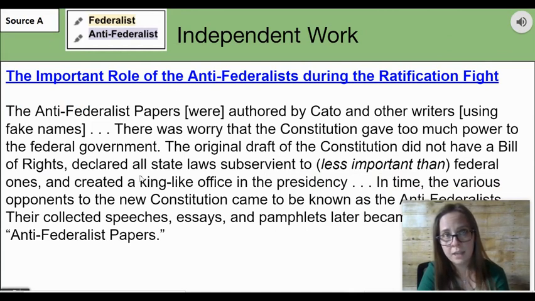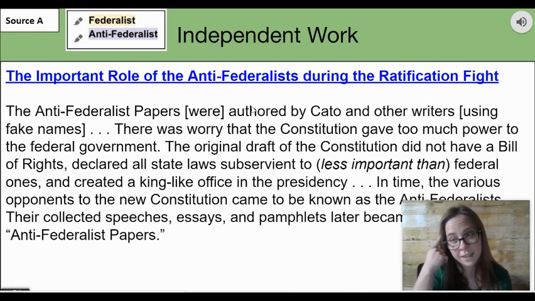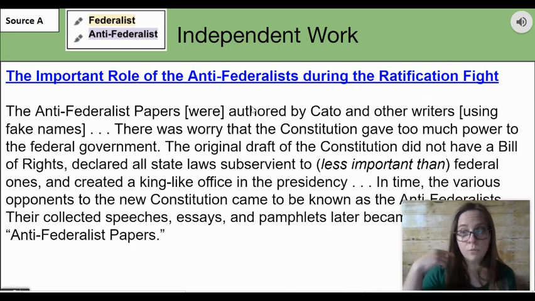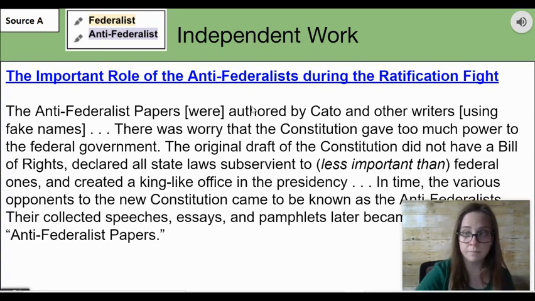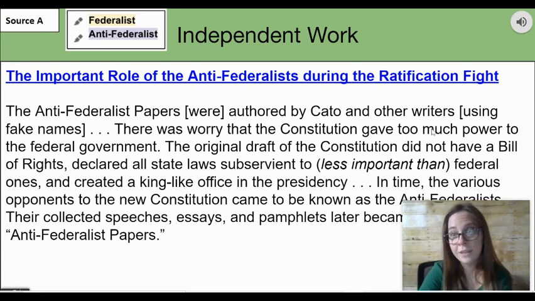We have source A, the important role of the Anti-Federalists during the ratification fight. So look at the words, look in and around the text. If we're seeing important role of the Anti-Federalist, we have to think, is this going to be for the Federalist or for the Anti-Federalist? Who would think that they're being important at this time?